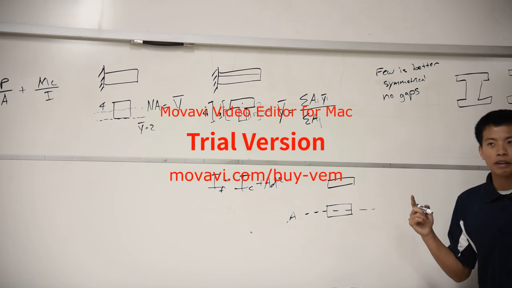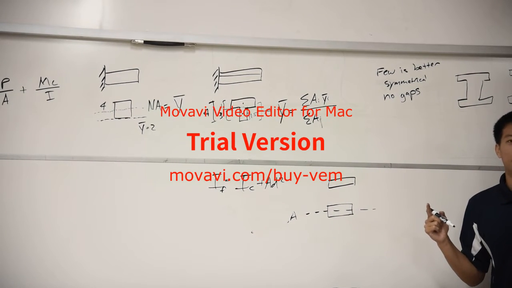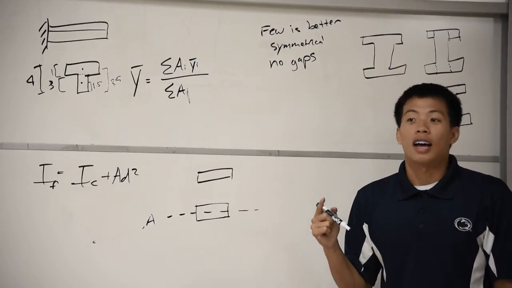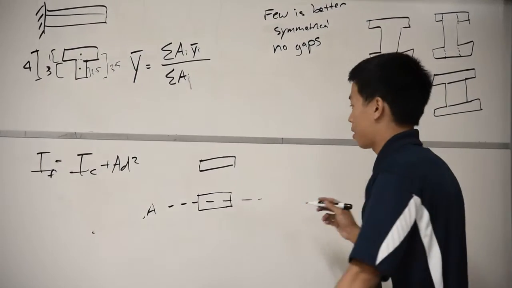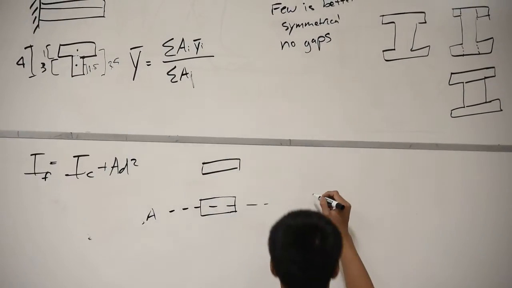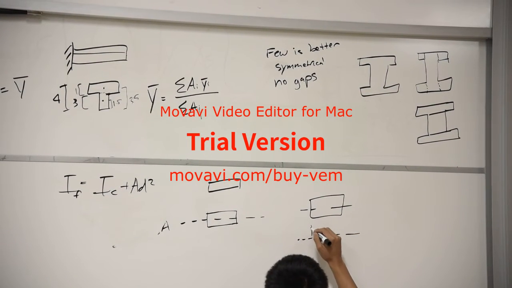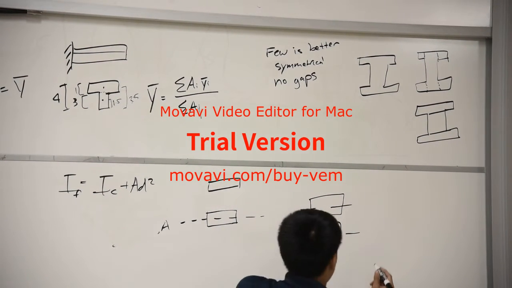I do not know if she will give you how to calculate moment of inertia. So I would make sure I know at least the rectangle and the circle. Remember, this is different from this, right?